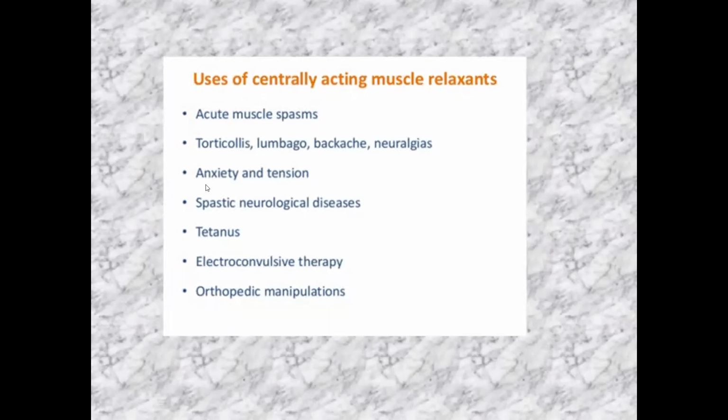Then anxiety and tension: for the treatment of anxiety as well as tension, centrally acting muscle relaxants may be helpful, because diazepam also has anti-anxiety activity. Then spasmodic neurological disease, tetanus, which means joint spasm, electroconvulsive therapy, and orthopedic manipulation related with bone.